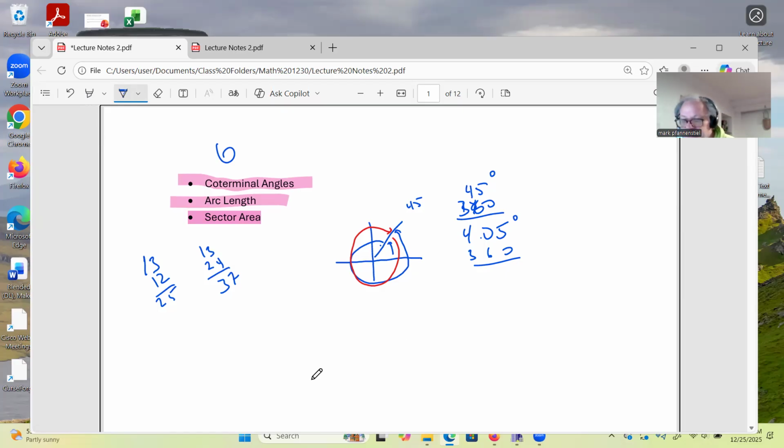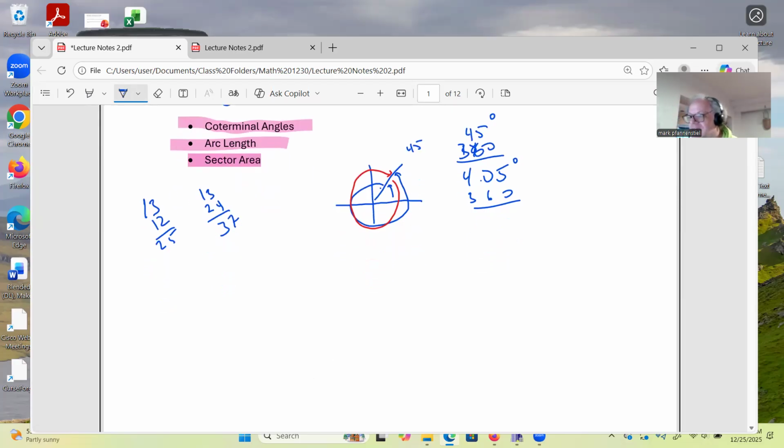Okay, so let's do a couple of different problems. Let's say we have 75 degrees, and we want two coterminal angles to 75 degrees. So we're going to add 360 to this, and we end up with a 5, a 13. So 435 degrees is coterminal. And then we're going to say 75 minus 360. You'll forgive me, I have to do my subtractions this way.